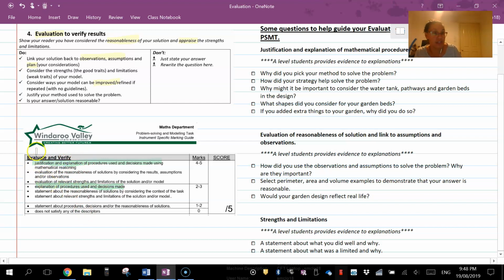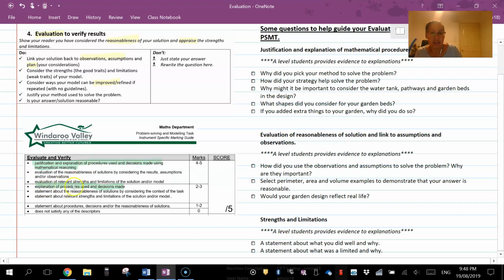That means using evidence to support your position, and using decisions made with mathematical reasoning. So this is where you use the mathematics to justify. How does the math give you evidence to explain the procedures? That's what we're looking for there.